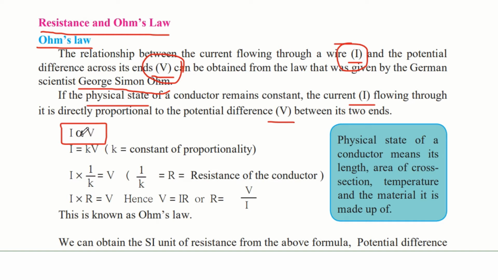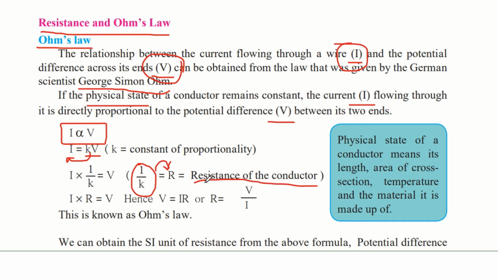And when you remove the directly proportional sign, we have to put a constant symbol on either end. Therefore, I would be equal to K into V, where K is the constant of proportionality. And when you take K on the other side of the equal to, we would get I into 1 by K, which is equal to V. They have renamed this 1 upon K, which is a constant, using the symbol R. And this R is nothing but the resistance of the conductor.